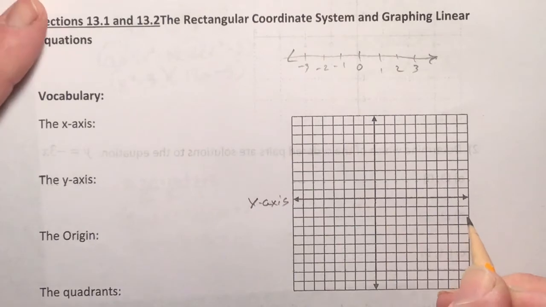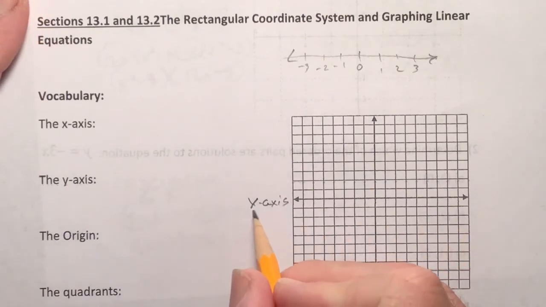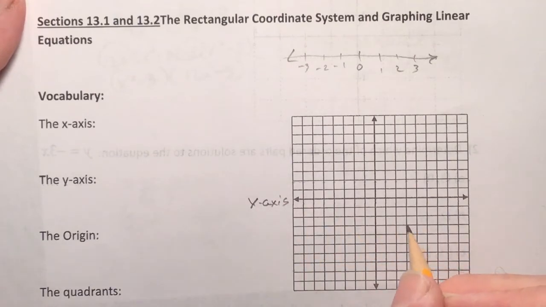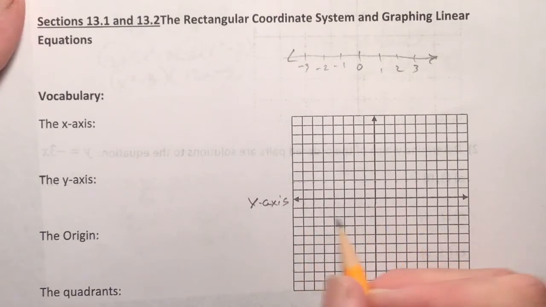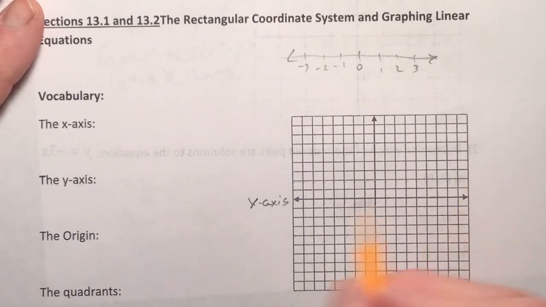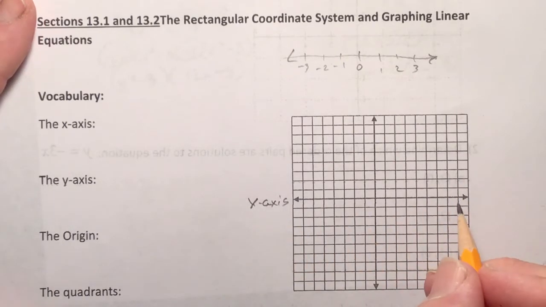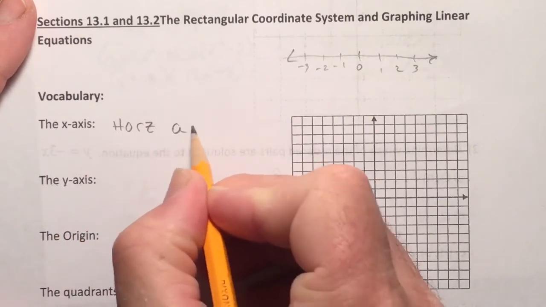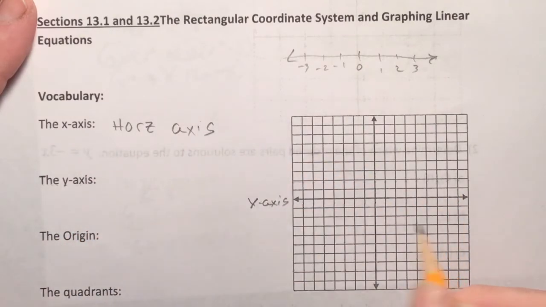But remember, you could call this thing anything. You could call it the x-axis. If you were talking about economics, this would be like your demand. So really, you're talking about this being the horizontal axis. Generally in math, people will call it the x-axis, but it can represent a lot of different things. So keep that in mind.